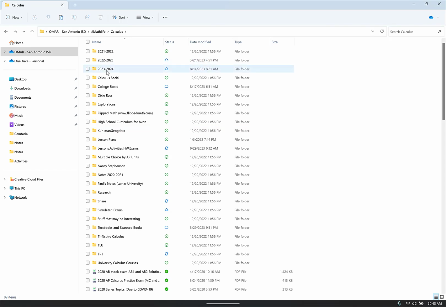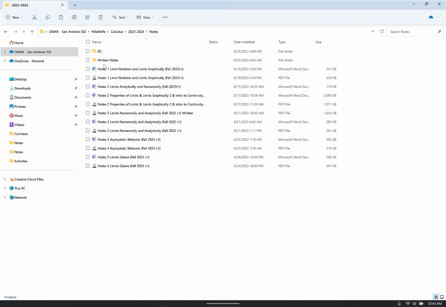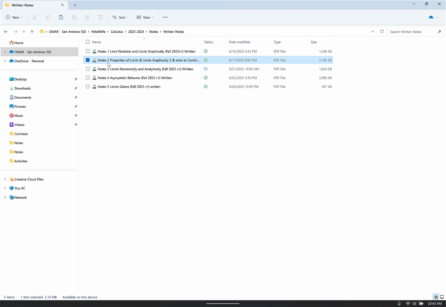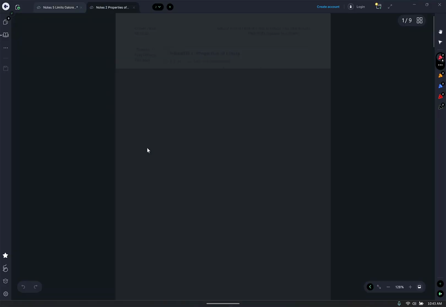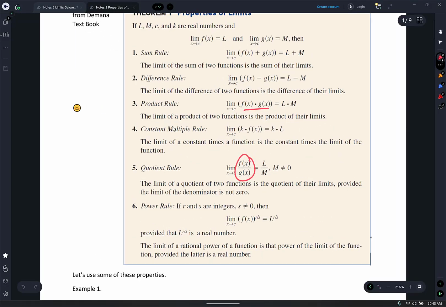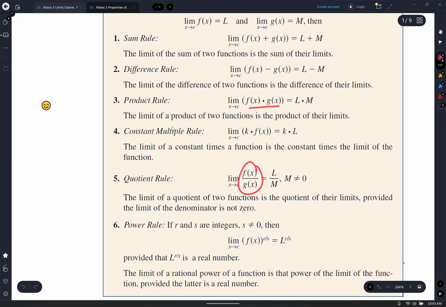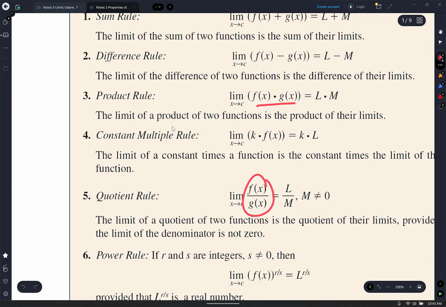Calculus. It's this. You see this right here? You see rule number 4.